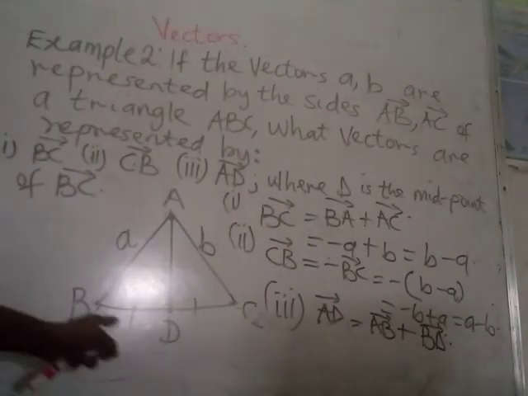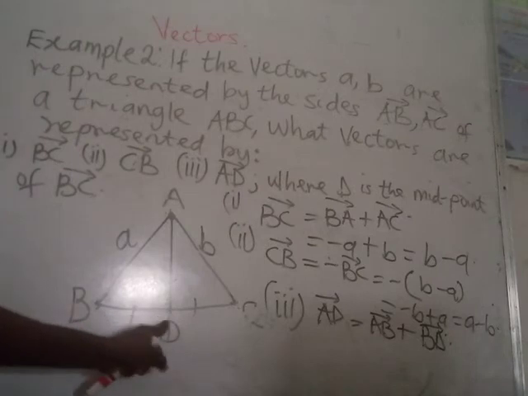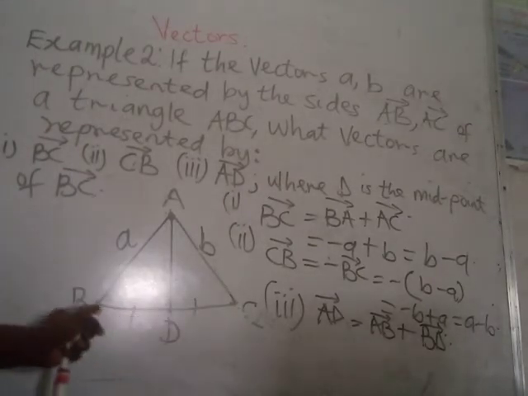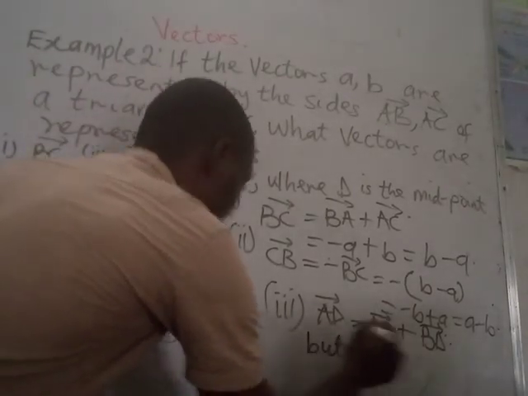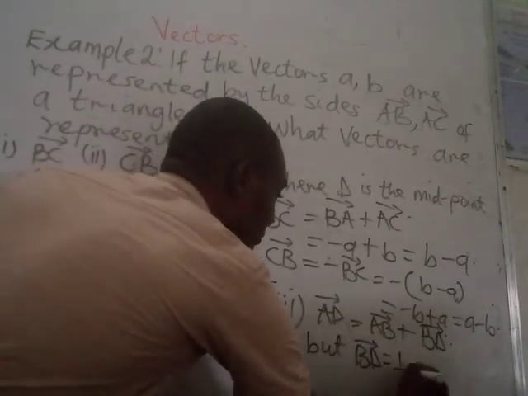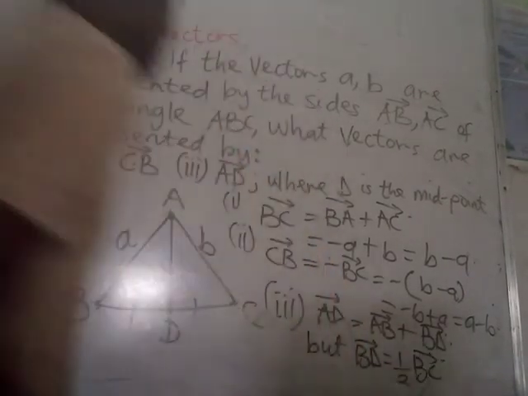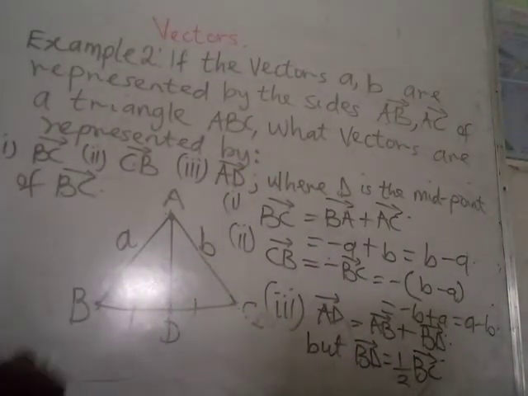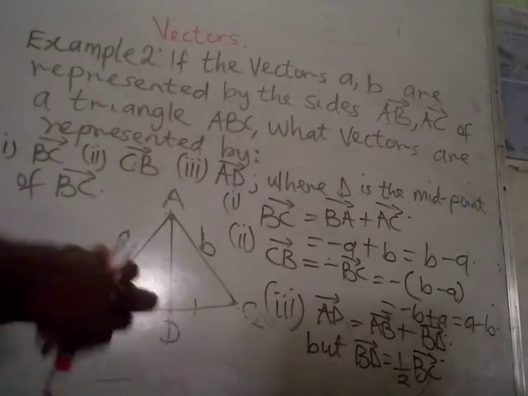Now let's look at this. This BC is in this direction, BD is in this direction, and D is the midpoint of BC. So BD is equal to half of BC. I think I can find a way to squeeze this into this point.